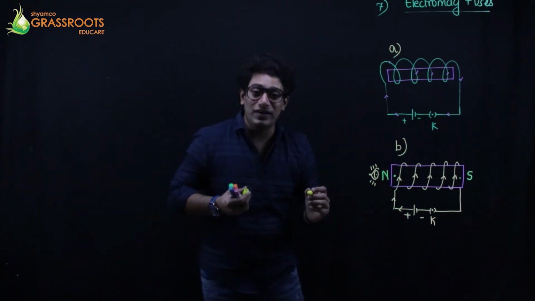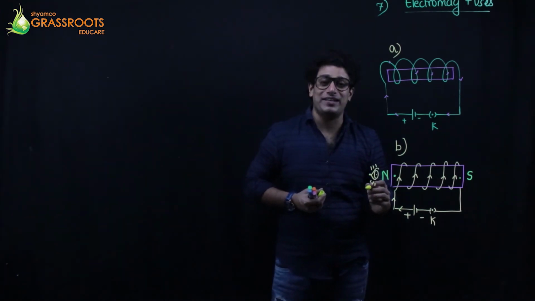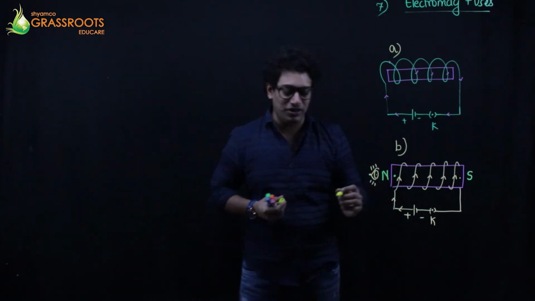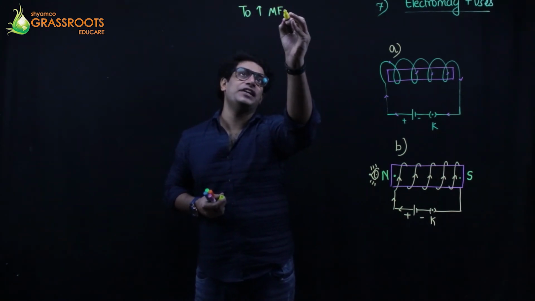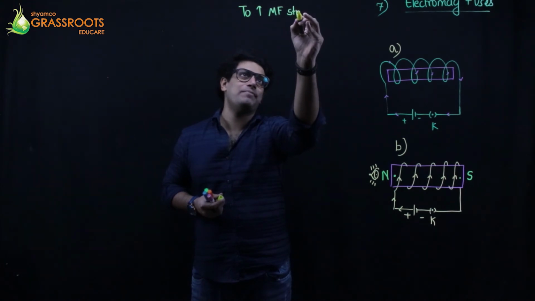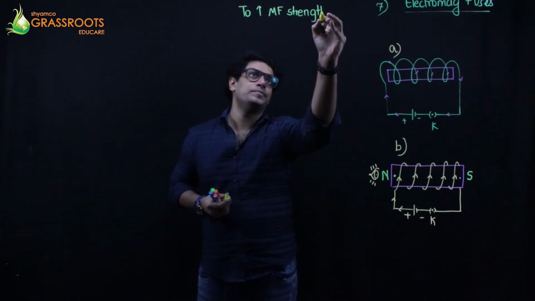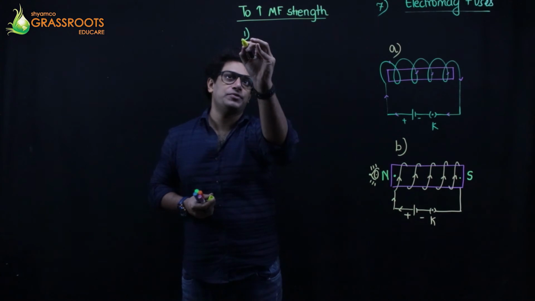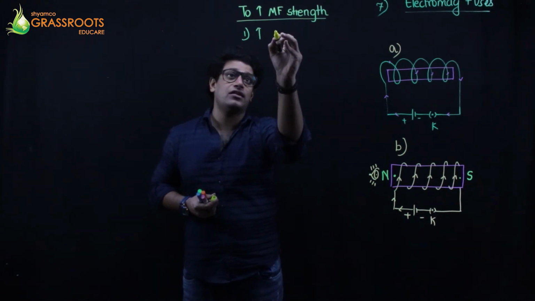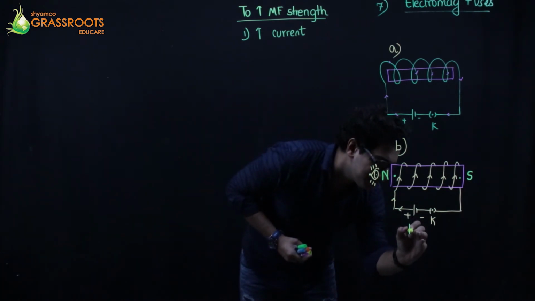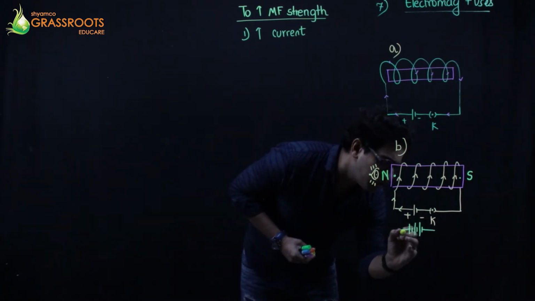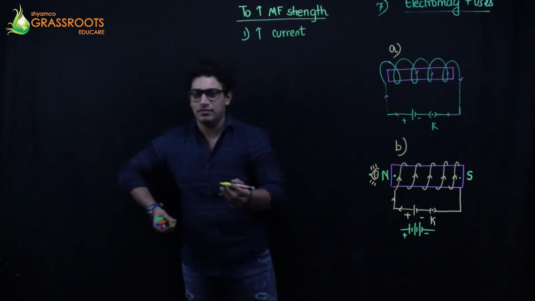Again, if you want to increase the magnetic field strength, what you can do is three things. To increase the magnetic field, MF meaning magnetic field, shortcut is not allowed in the board exam. First, you increase the current by using more batteries. You take more number of cells to form a battery.